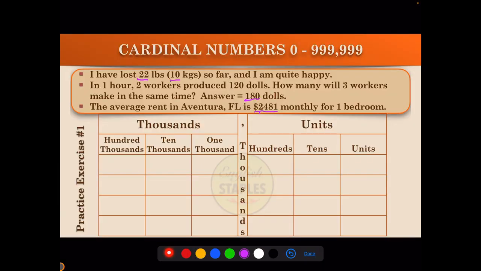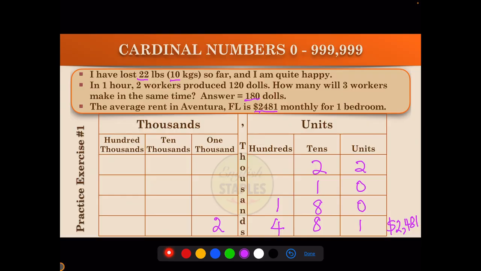Okay, I take it you have completed charting those numbers. What you should have is, so pause the video here again and write the last number, 2,481. How would you correctly write that number with the dollar sign?